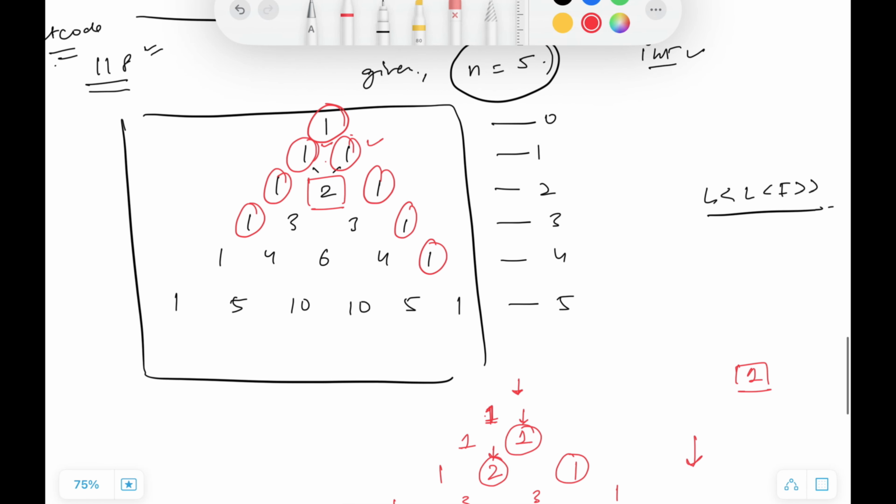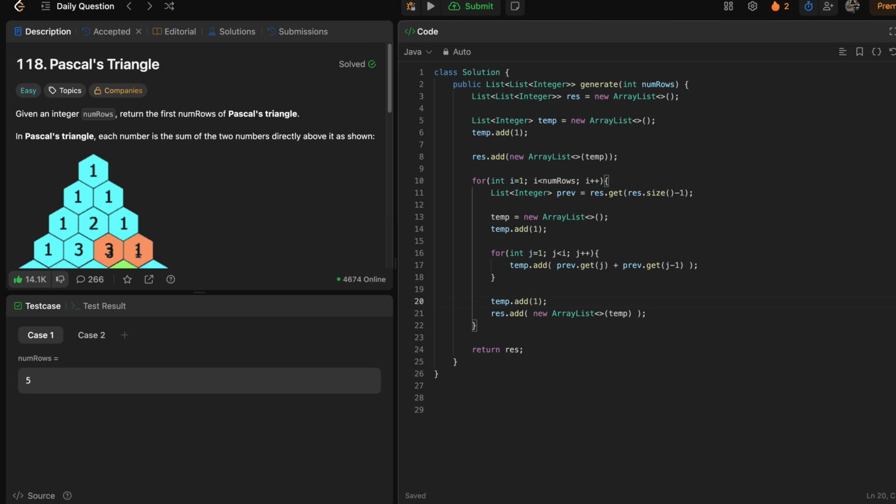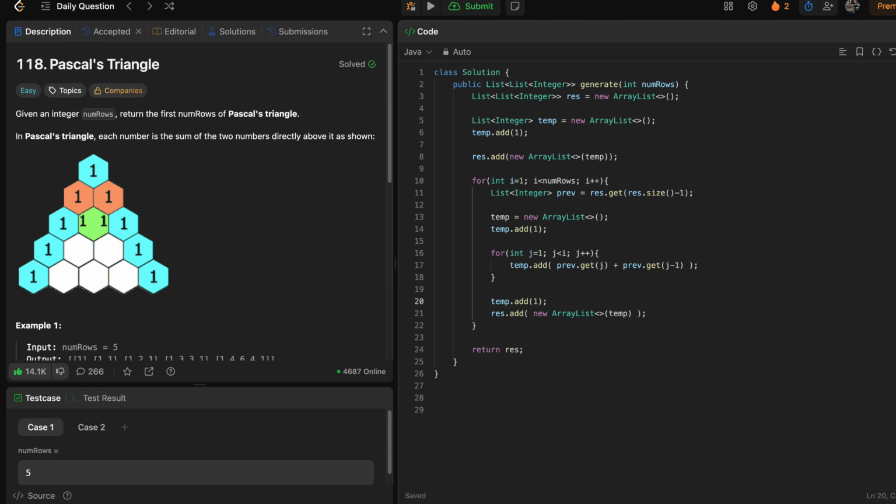Now I will show you the code for this. This is the Java code that I wrote for the Pascal triangle to find the first 5 rows. The first row is always 1, so I added it in the answer. Then starting from 1 onwards, I am counting the rows. A row always starts with 1.